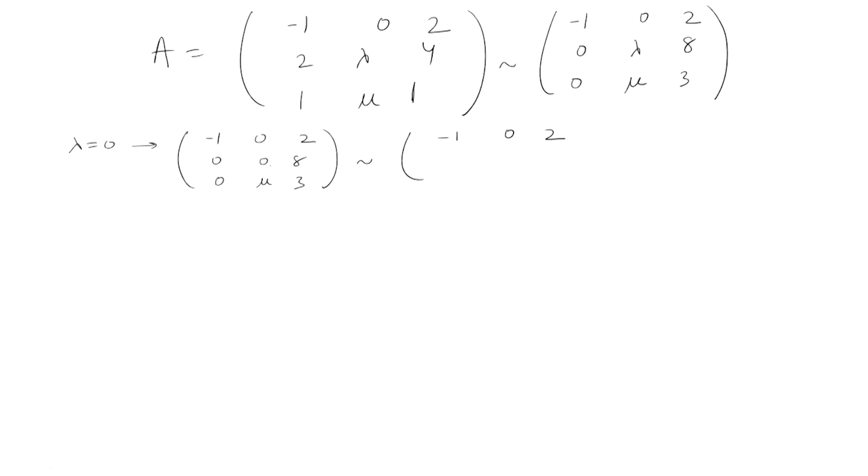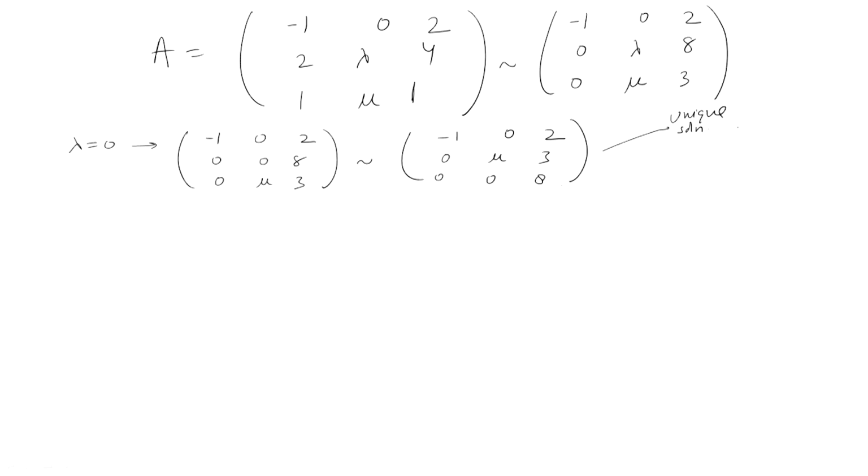You can interchange these two rows, 0 mu 3 and 0 0 8. Now, this will be having unique solution if rank of this matrix is 3, and rank will be 3 when mu is not equal to 0.